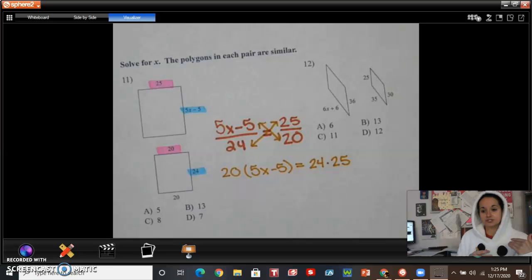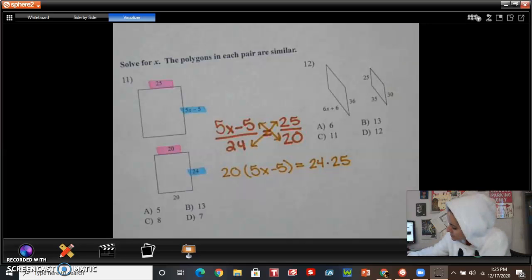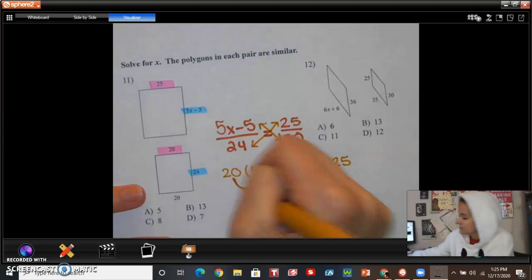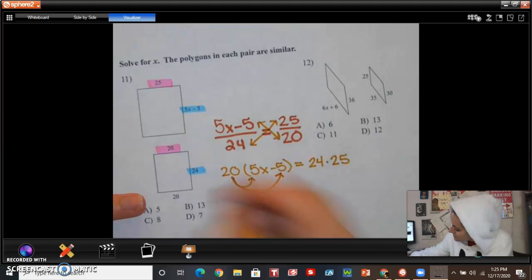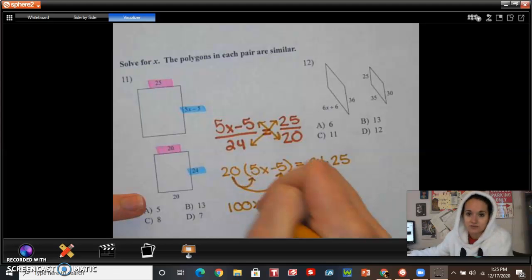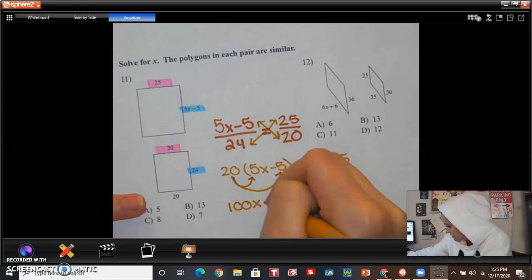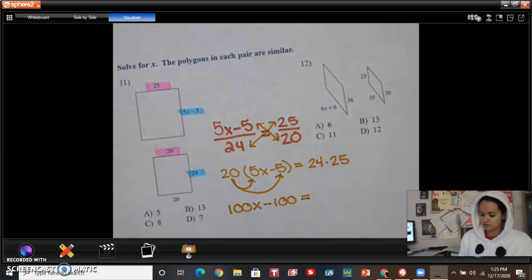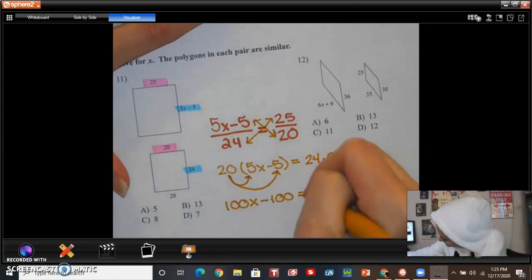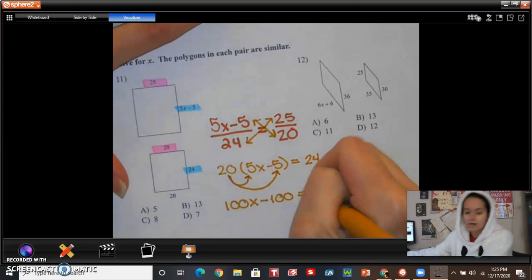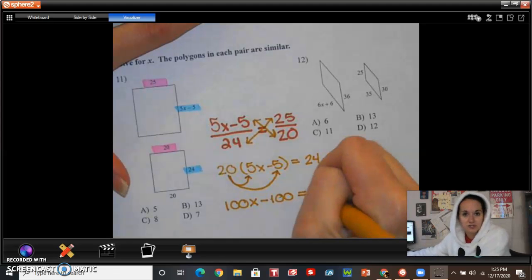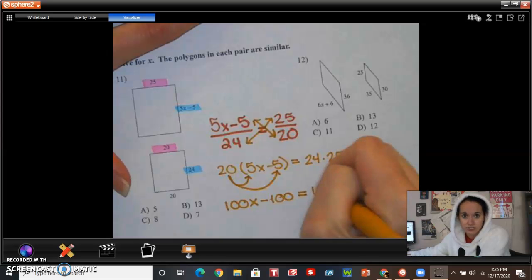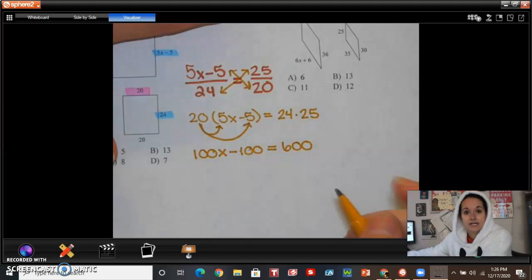We're going to have to use our distributive property. So we're going to distribute that 20 to everything. 20 times 5x is 100x, minus 20 times 5, 100, equals 24 times 25, 600. Now we just need to solve by doing opposite operations, or variables and constants, whichever you prefer. First I want to get rid of that negative 100.